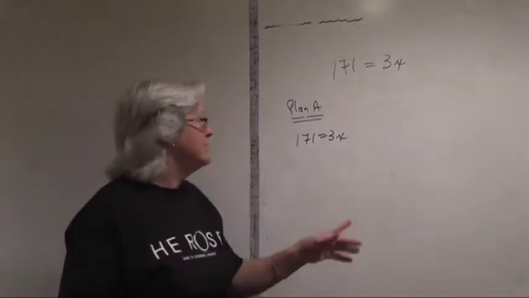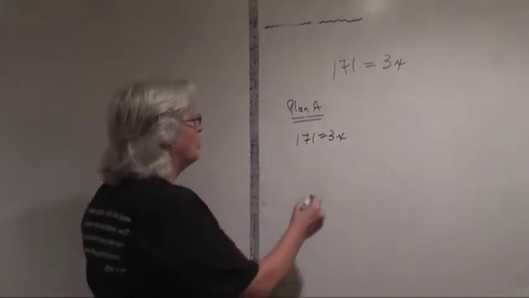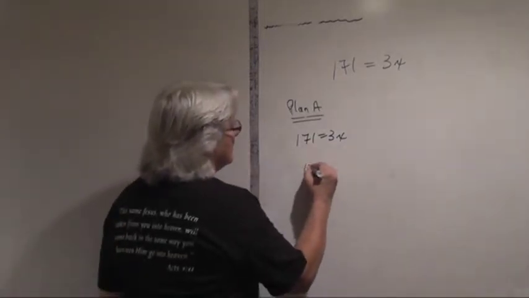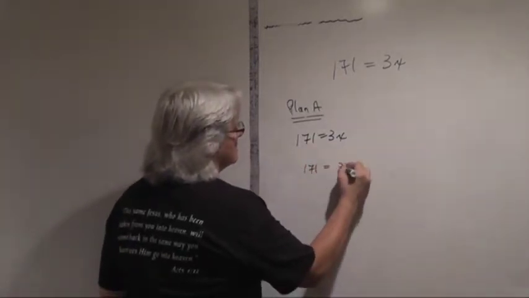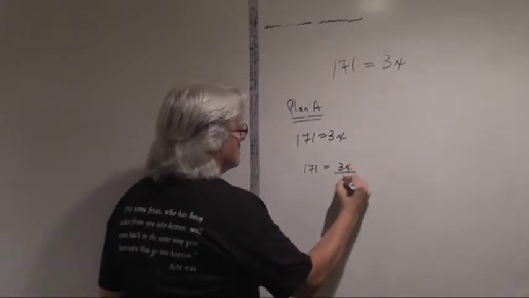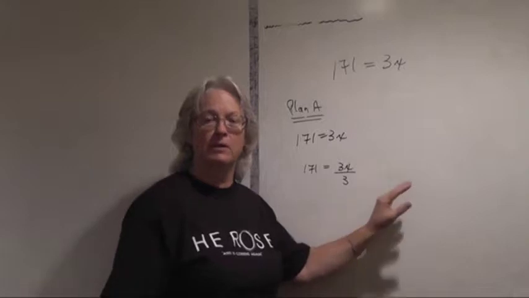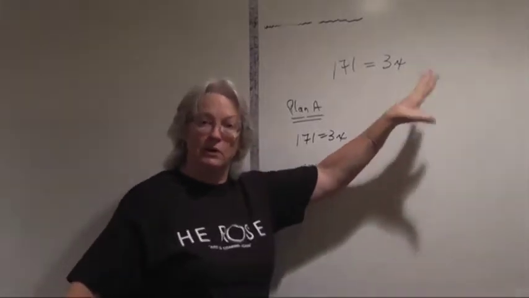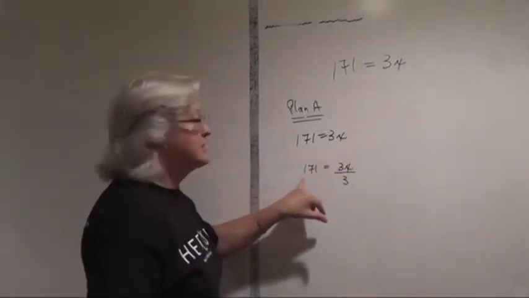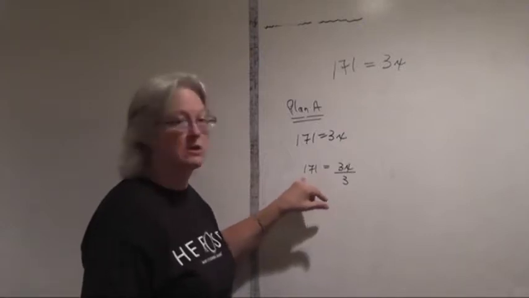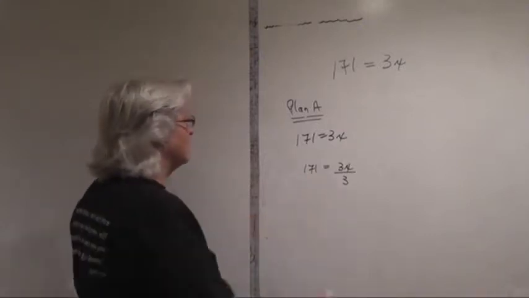It is division. So we're going to want to divide by 3 because we've multiplied by 3. The only way we can do that is to divide both sides of the equation by 3.